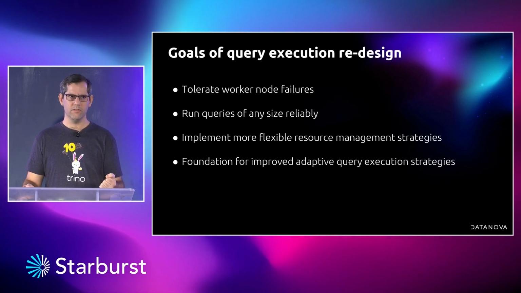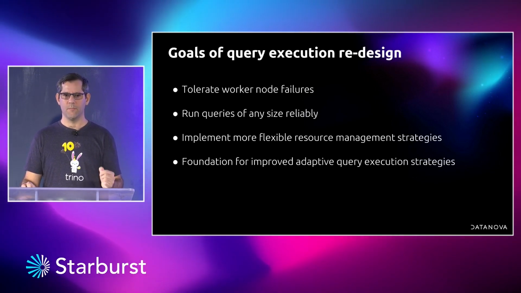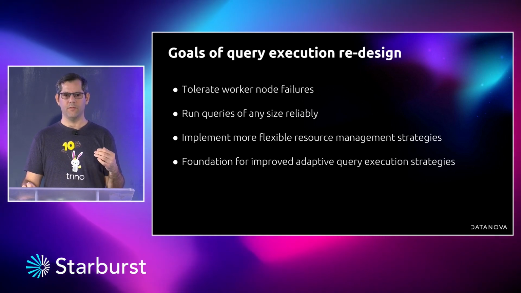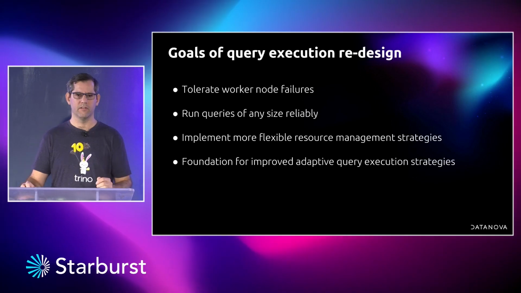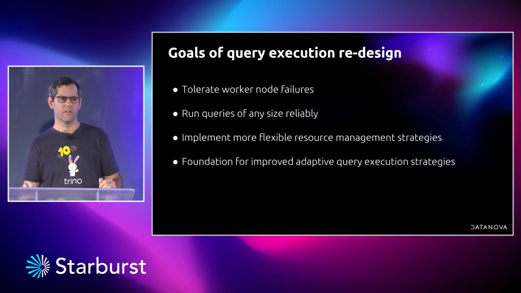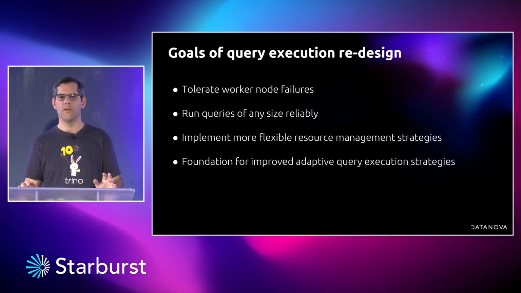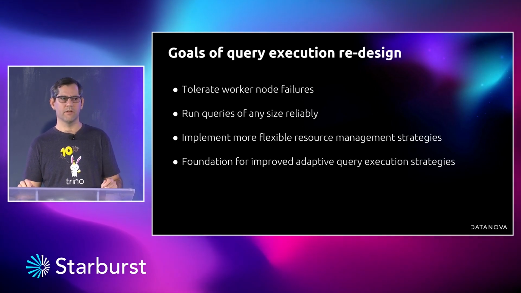So if a node fails, we need to be able to continue processing, recover, and reuse the computation that has already been performed to be able to complete the query faster and waste fewer resources. So that's what everyone that thinks about fault-tolerant execution thinks about.